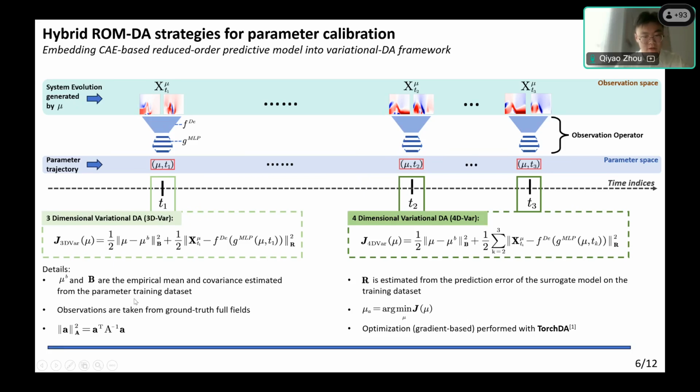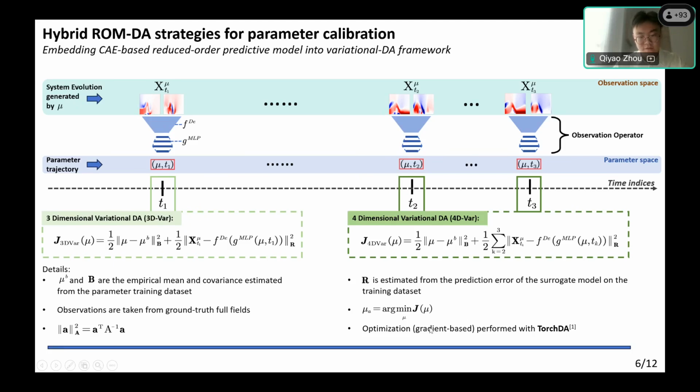In practice, the background mean and covariance error are estimated empirically from the parameter training dataset, and the observation error covariance matrix is estimated from the prediction error of the surrogate model on the training dataset.